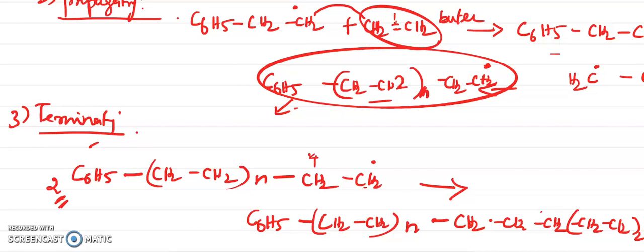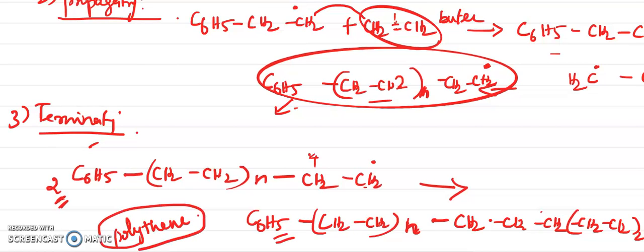So here we can conclude that for the terminating long chain, these free radicals can combine in different ways to form a polythene. So this is called a polythene, one mode of terminating of chain in this way. So n number of CH2 will add with the phenyl group. So this is called a polythene.